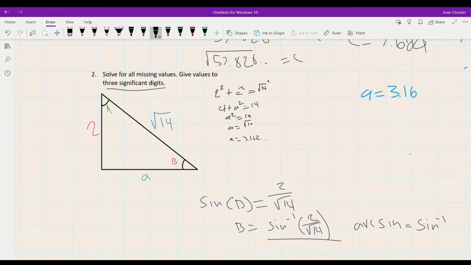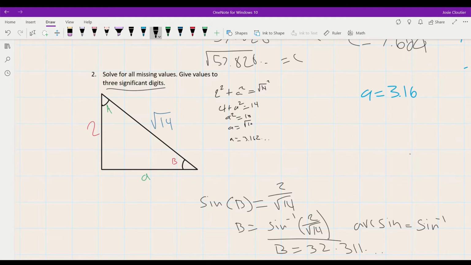Just plug this into your calculator: 2 over the square root of 14, and you will get, or you should get, B equals 32.311.